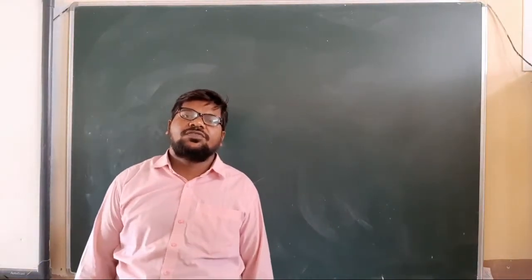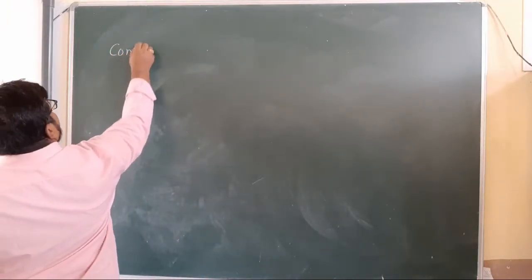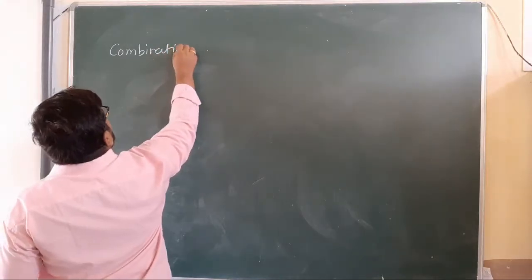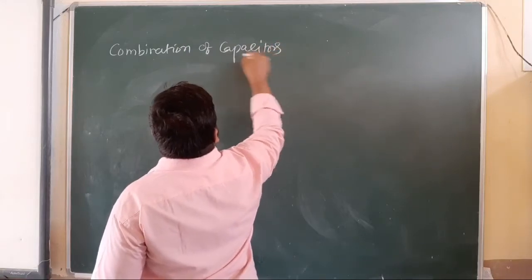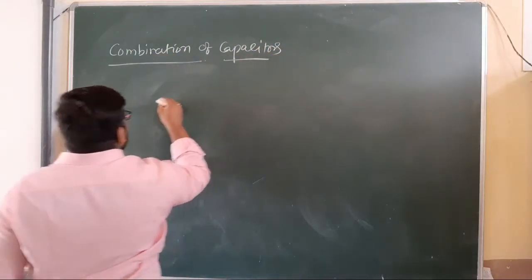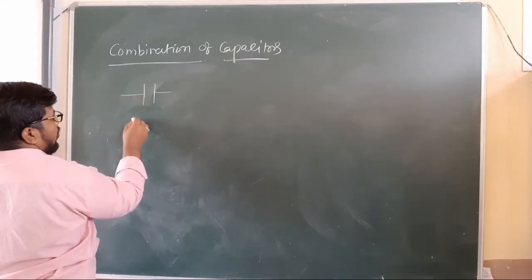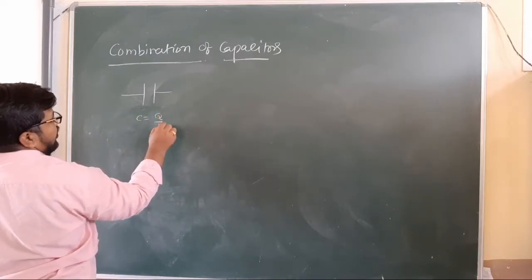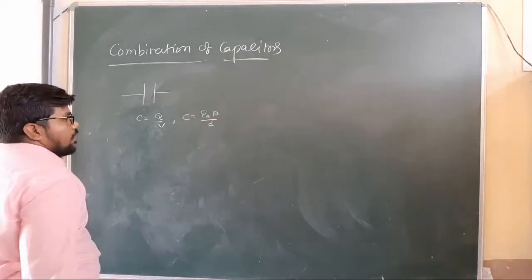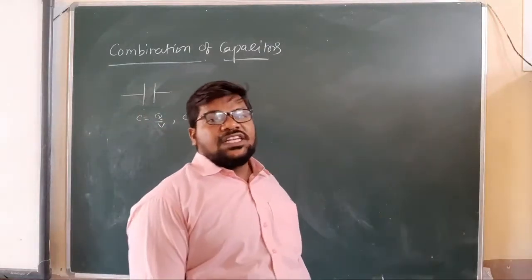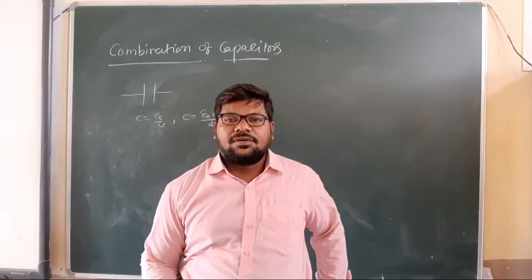Coming to combination of capacitors. We know that a capacitor is a charge storage device, with the formula C is equal to Q by V, or C is equal to epsilon naught A by D. We need to arrange a number of capacitors in series or parallel, whatever it may be.